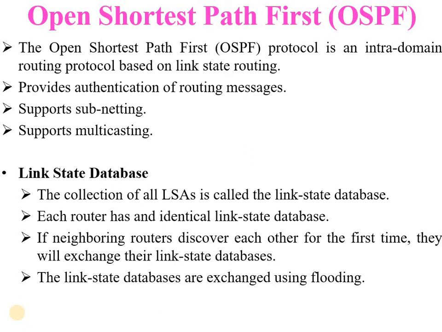After that, only if some trigger occurs is the information shared or updated over the network. The link state databases are exchanged using flooding. We already learned what flooding is: we send the data packets all over the network.